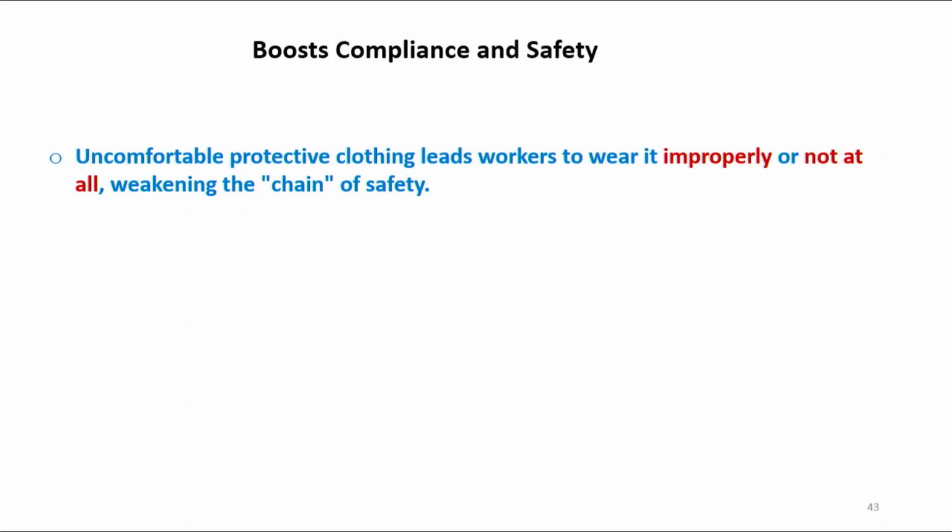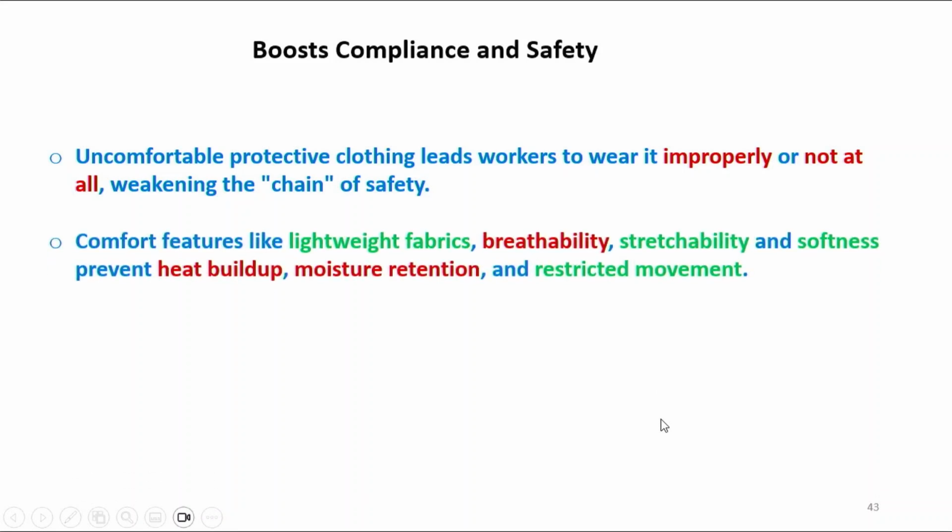For example, in your PPE kit in medical applications, if someone opens the zipper or there is some opening, then the protection level is compromised. Or sometimes they try to remove everything if they are feeling uncomfortable. That will weaken the chain of safety. So it is very important that the chain should not be broken.